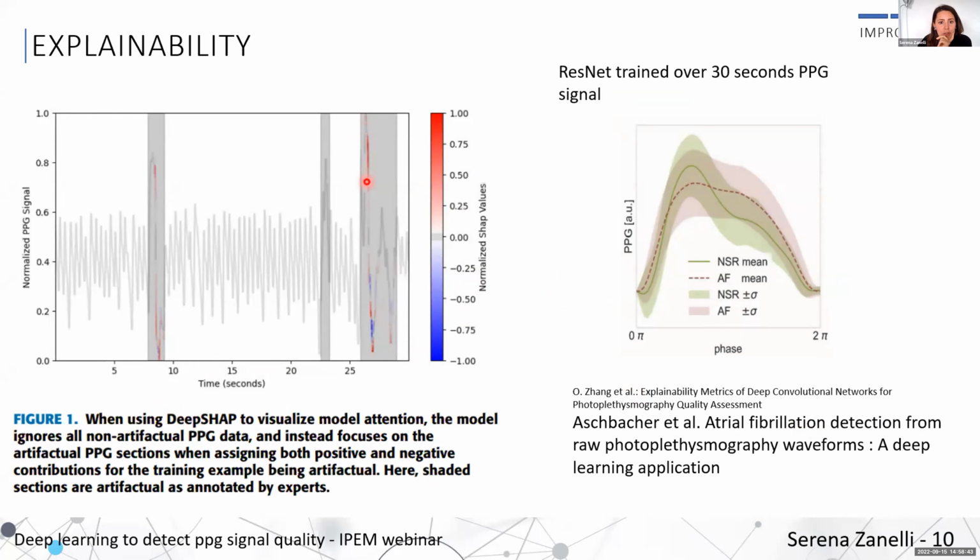It means that with different models, there is saliency map, attention map, gradient, GradCam, depending on the model that you're using, we are able to understand what points of the signal are interpreted by the model as positive, meaning this is a good high quality, or negative, saying no, this is not a high quality PPG signal. This could be a first step to take a model and give it human-like interpretability.